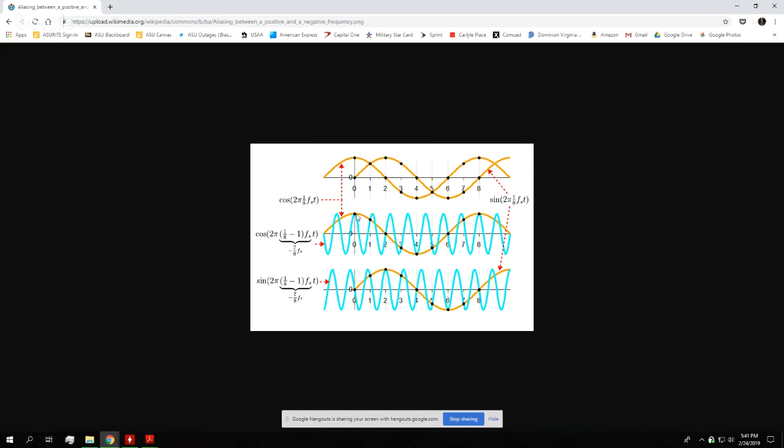I don't have anything in between. So if I wanted to reconstruct this blue line with the black dots that I'm given, well, if I haven't met the Nyquist rate, there's multiple signals that can meet that same pattern. And that's what this brown line is. This brown line is an alternative, a second signal that exists in nature that could line up exactly with these black dots that I've taken.